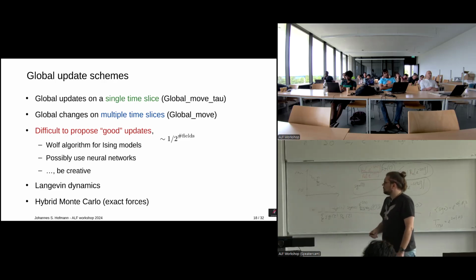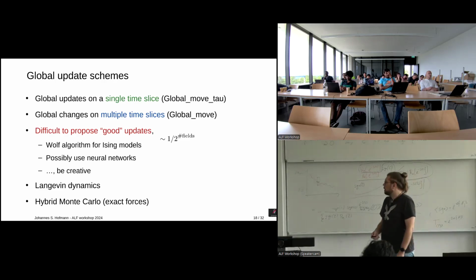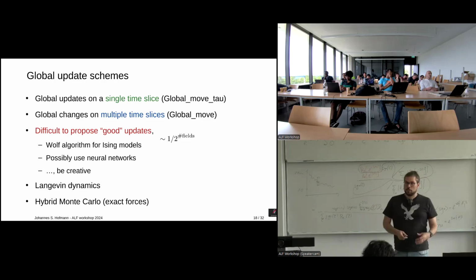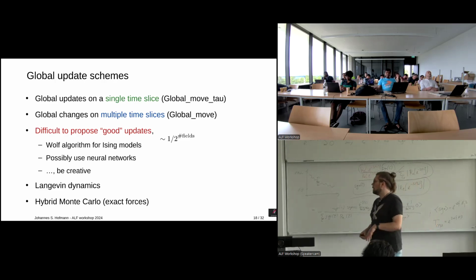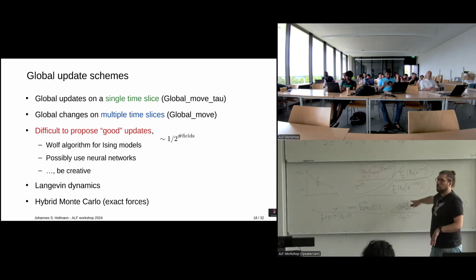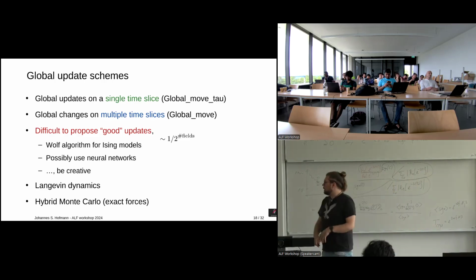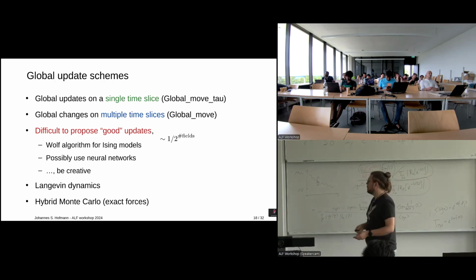There is, for example, the Wolff algorithm. If you have Ising models, there are ideas where you approximate the full-blown Hamiltonian, or this effective action after taking the logarithm of the determinant, by an effective model, and then use some sort of neural network to train it and propose good updates.